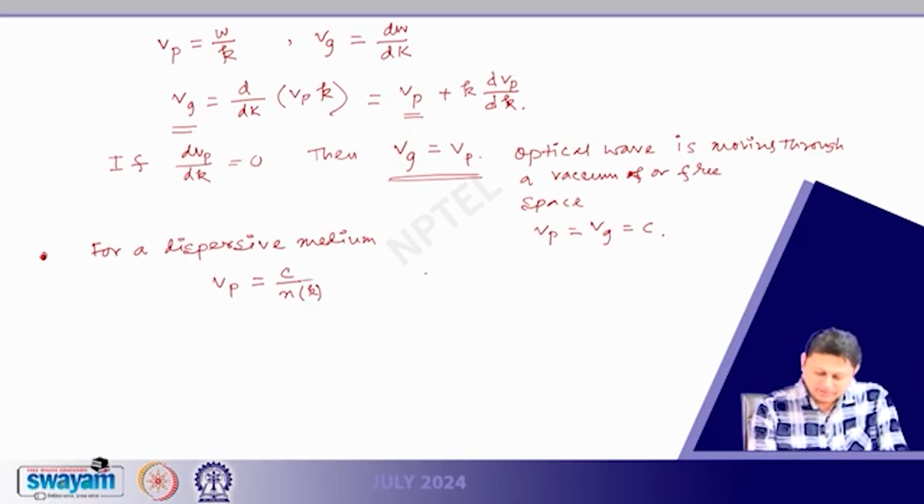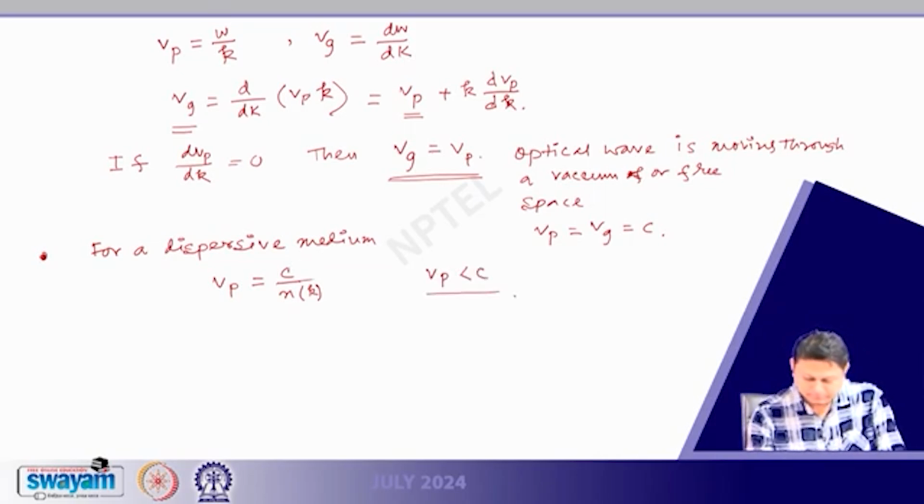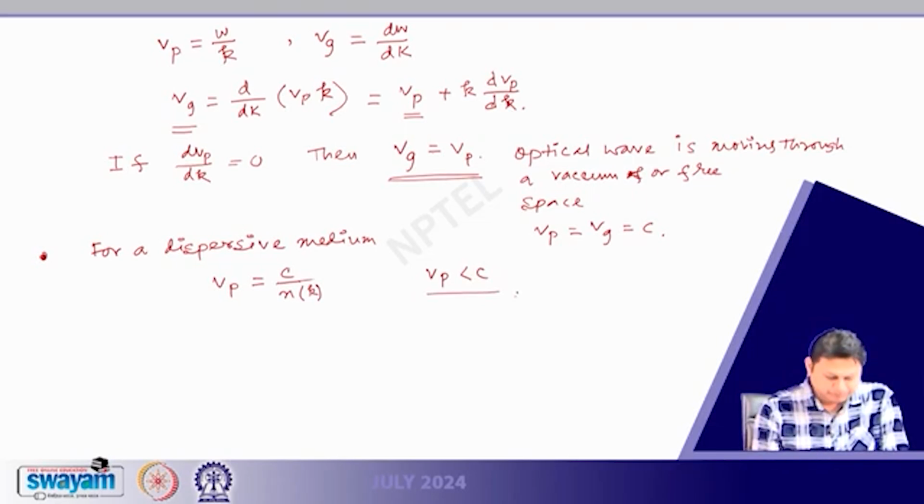So that means in a dispersive medium, Vp is less than C.